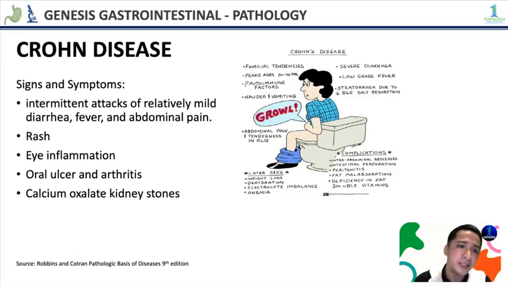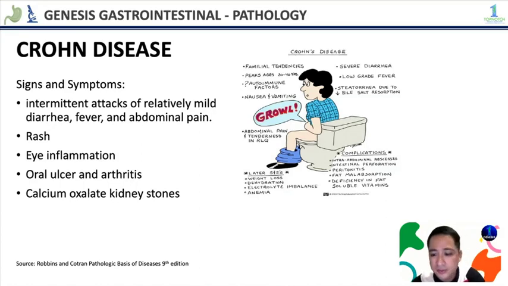Signs and symptoms: intermittent attacks of relatively mild diarrhea, fever, abdominal pain, rash, eye inflammation, oral ulcer, arthritis, calcium oxalate kidney stone. This figure, I think I lifted from a nursing site. You will see the spectrum of signs and symptoms of Crohn's disease together with the factors associated with it.